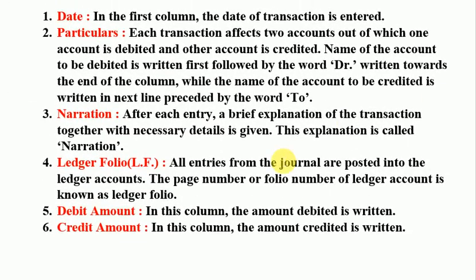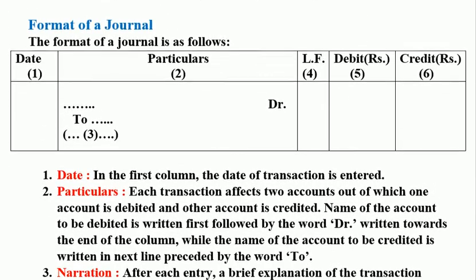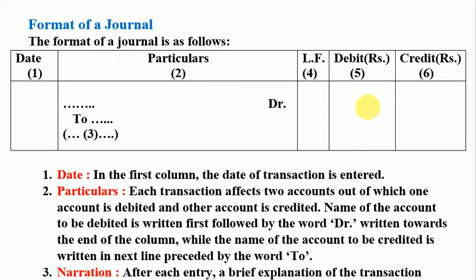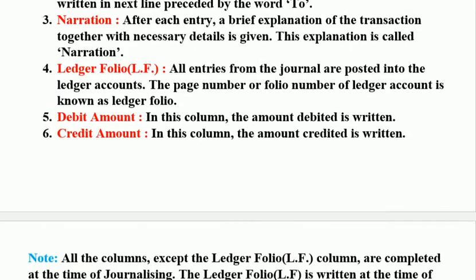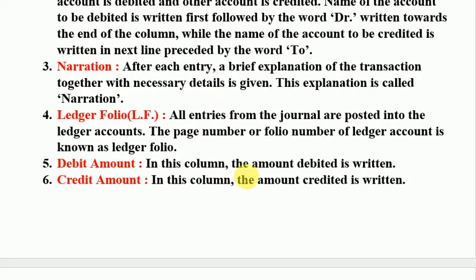Now comes the fifth one, that is debit amount. Here you can see in the fourth column we will record the debit amount. Clear? In this column the amount of debit is written. And you have seen the sixth column, that means the fifth column, credit amount.